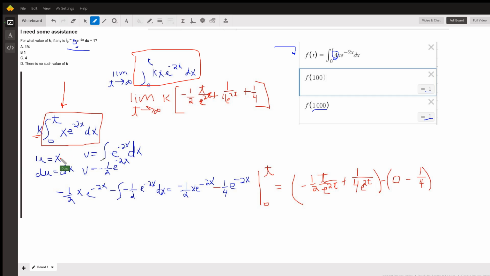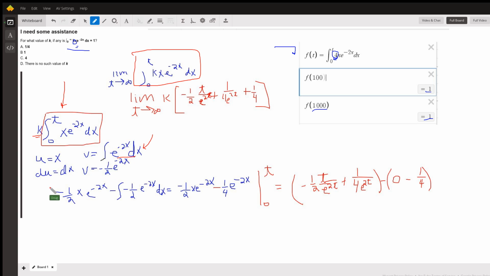parts. So if we let u equal x and v equal the antiderivative of e to the minus 2x dx, du will be dx, and you can use u substitution to get v as negative 1/2 e to the minus 2x. In other words, if you take the derivative of this, you get this.